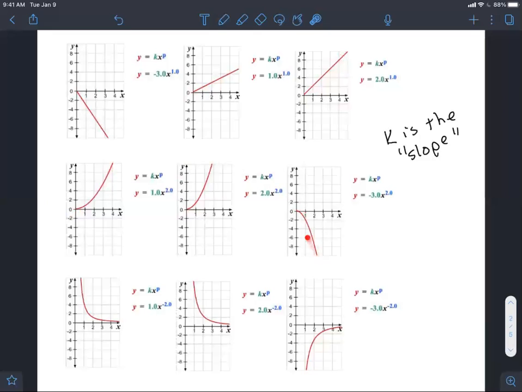And if we have a negative, it changes all of that increasing behavior to decreasing behavior. When we have a negative p value, this behaves the same way. It's a function with decreasing behavior, and if we make k negative, it becomes increasing behavior.